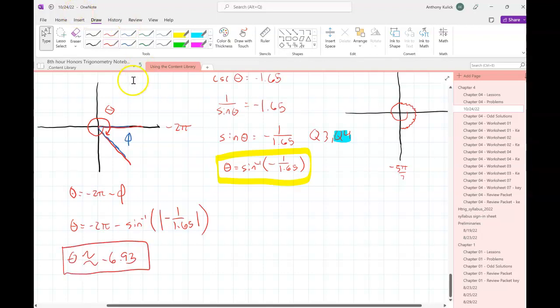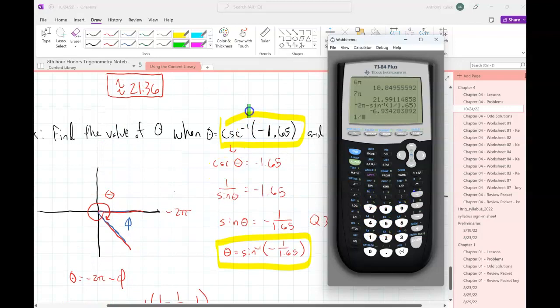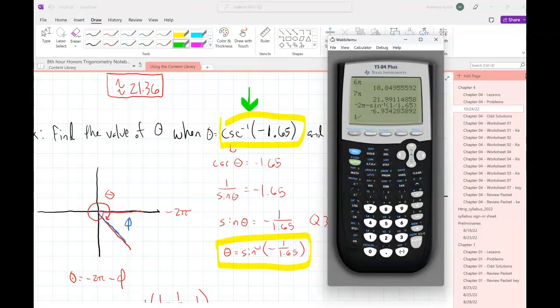Let's check that real quick. I'd like to point out too that I'm going to check back here. So I'm going to check to make sure that 1 over sine of that angle gives me negative 1.65.